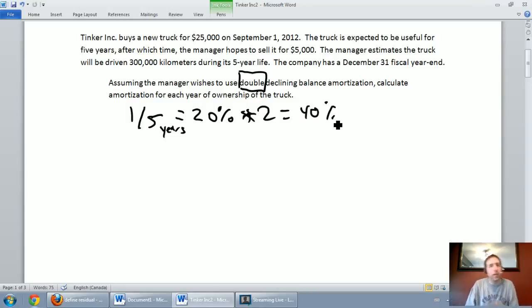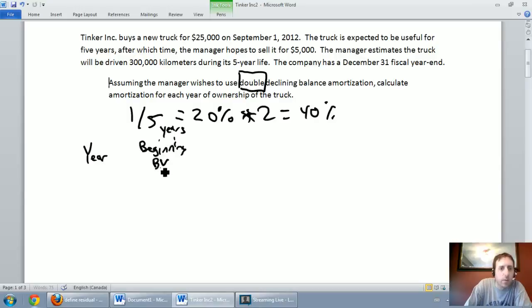Now it's a declining balance method, and so the math of it's a little bit different, and I find you have to make a table to figure out how to do this. So let's make our table. We'll put year on the left. Then I'm going to put beginning BV, and what BV stands for is the book value of our assets, so our beginning book value.